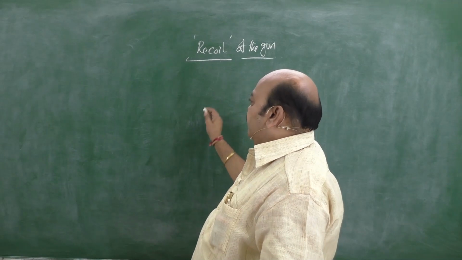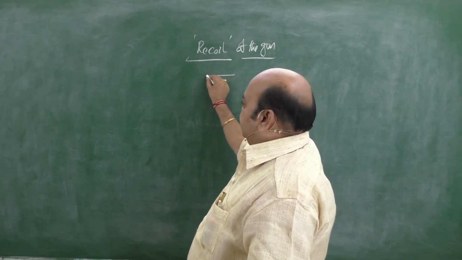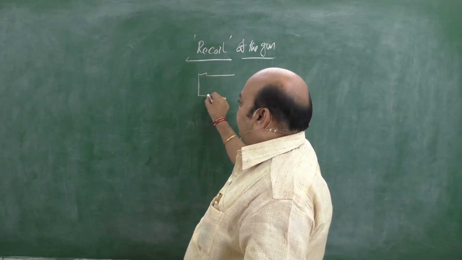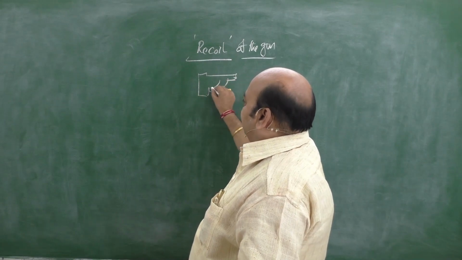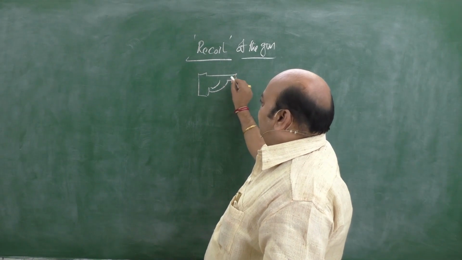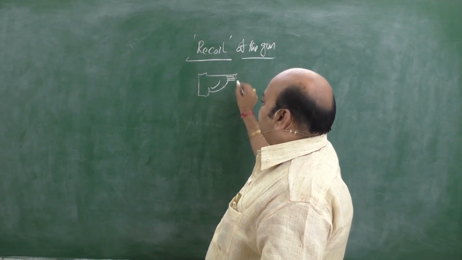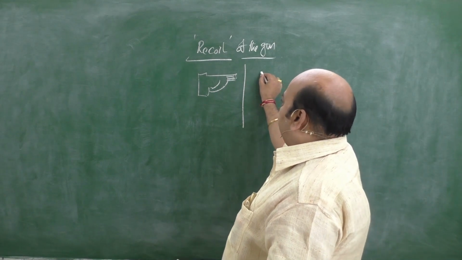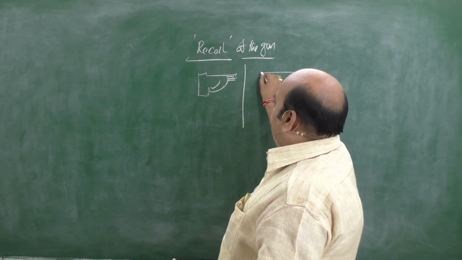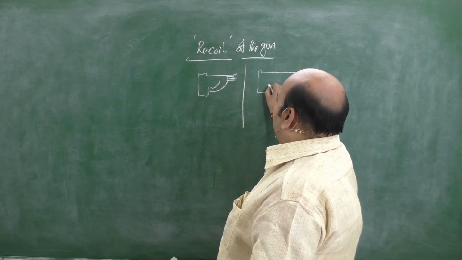See, the question pattern will be like this. You see, this is the gun. Of course, I am not an artist. This is the gun, and initially the bullet is inside the gun. This is before impact. After impact, what happened? This is again the position of the gun.